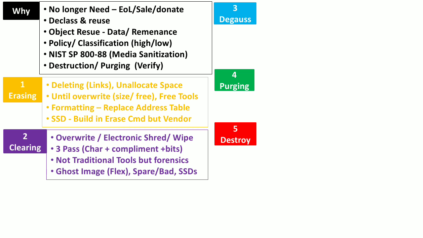Because a ghost image may exist due to magnetic flux on the magnetic drive, and this ghost image is helpful in recovering the data which is sanitized using clearing. Moreover, the spare sectors or the bad sectors are not affected by the clearing process. So data may exist on these sectors, and moreover SSDs cannot be cleared in a secure fashion using this clearing process.